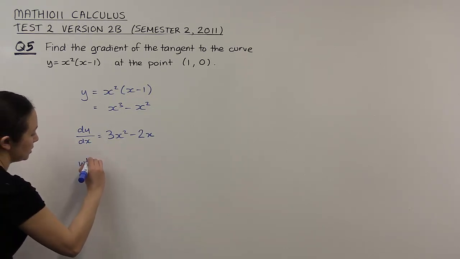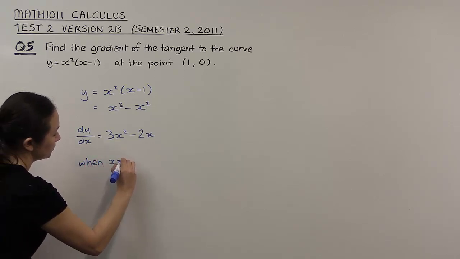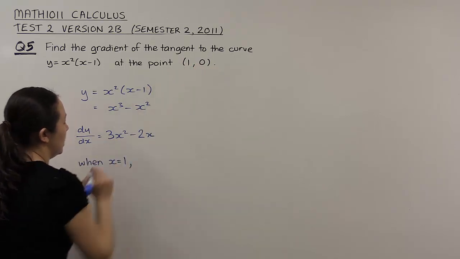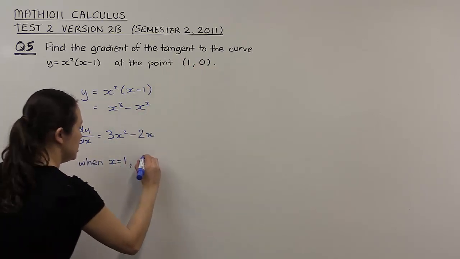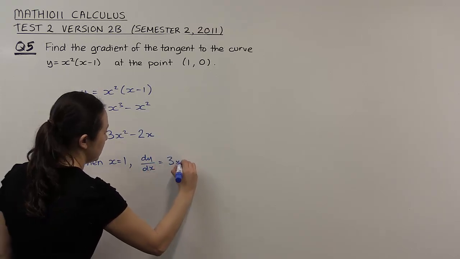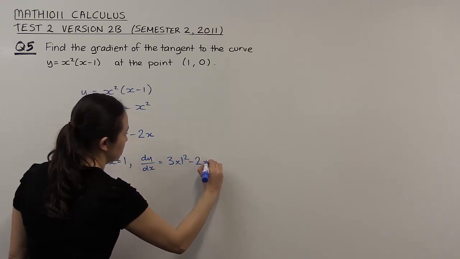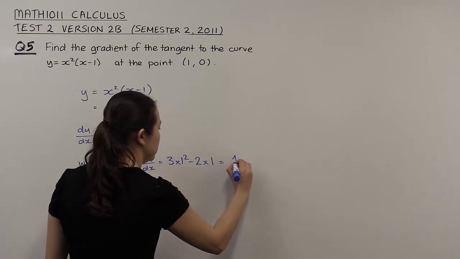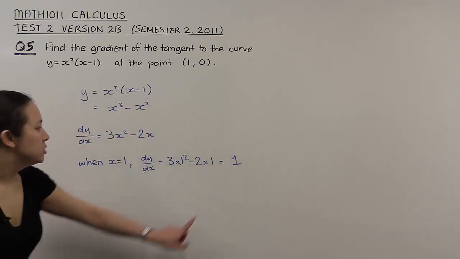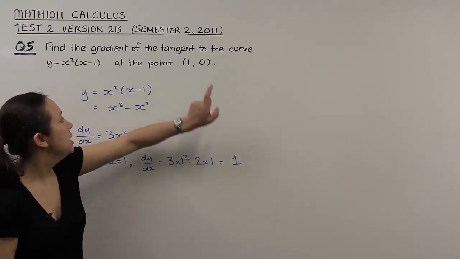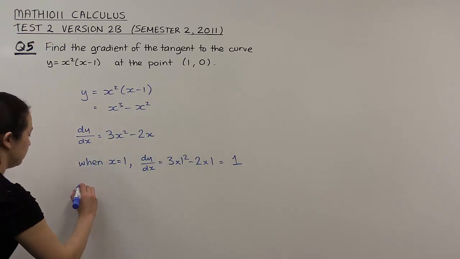So when x equals 1, right, at the point 1, 0, x is 1, y happens to be 0, but x is 1, dy dx is 3 times 1 squared minus 2 times 1, which is 3 minus 2, which is 1. So this is the slope of the tangent to the curve, or the gradient, at the point 1, 0.